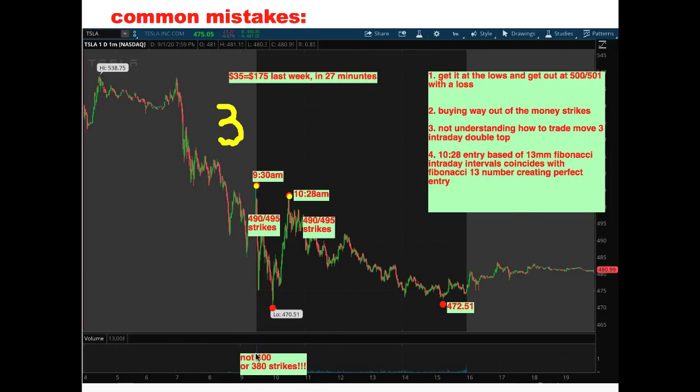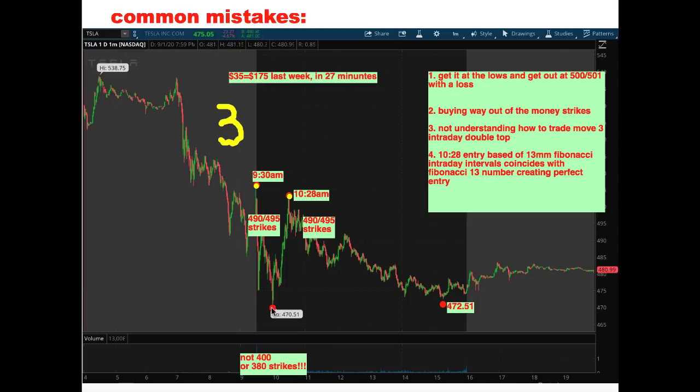So by buying 400 strike puts, you're saying, hey, I think this thing is going to drop $500, which is going to be very, very tough for a stock to do. So a $100 drop at this point is a huge size drop. If you look at it from the percentage standpoint, it's a 20% drop. When Tesla was trading at $2,200 last week, a 20% drop would have been about 440 bucks.